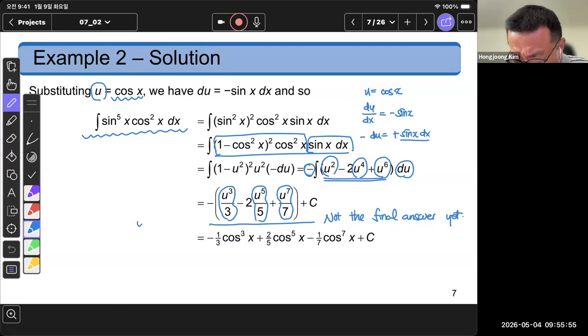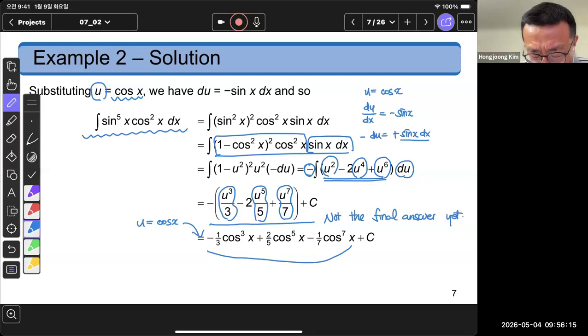And since u is just cosine x, you can just plug in this for u, then you have some expressions in x plus the constant c. So that will be the final answer. So if I have a problem in the x variable, your final answer must be a certain expression in x.